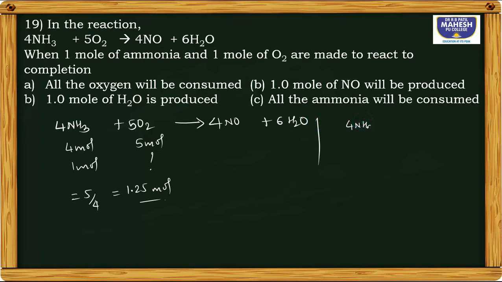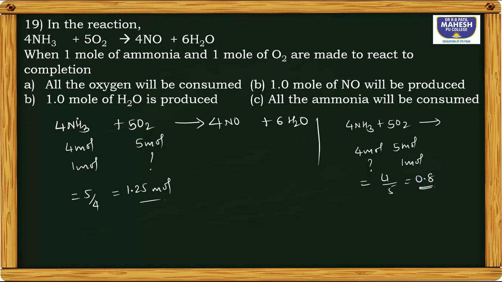Now let me write the same reaction. 4 moles of ammonia, 5 moles of oxygen to give the product. So 4 moles ammonia react with 5 moles of oxygen, then 1 mole of oxygen reacts with how many moles of ammonia? 4 divided by 5, that is nothing but 0.8.